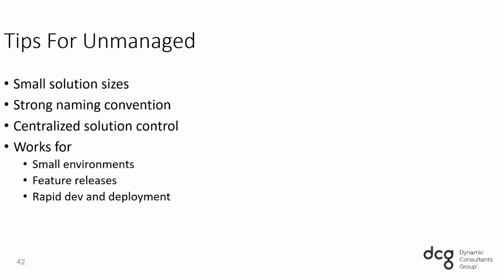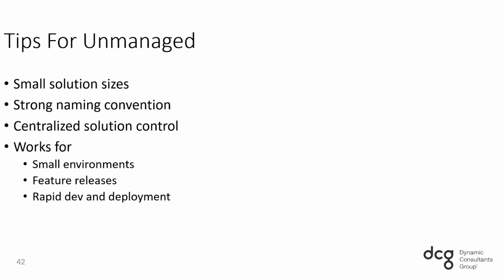Tips for unmanaged solutions. Keep your solution size small. Come up with a strong naming convention so that it's standard. I have one environment where I use the ticket number from the support desk ticket to indicate the solution name, right? Centralized solution control. Have someone oversee the deployment process.